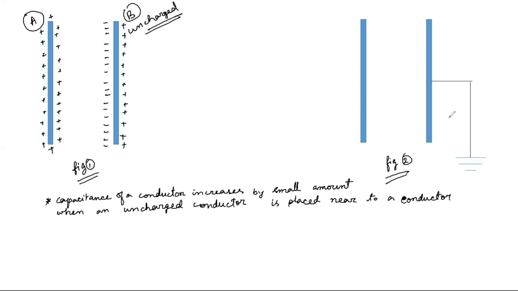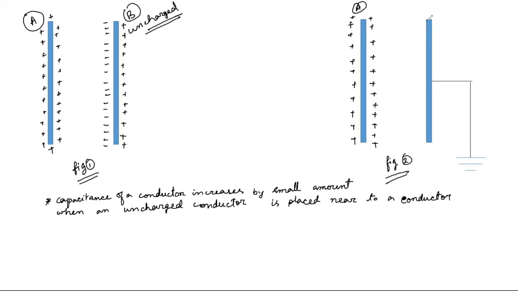But if I see our figure 2, let's say this is a metal plate A, and we provide it a certain positive charge, so much that the electric potential has reached its maximum value. If you try to give it any more extra charge, it will not take it. Instead, it will leak it to the surroundings.